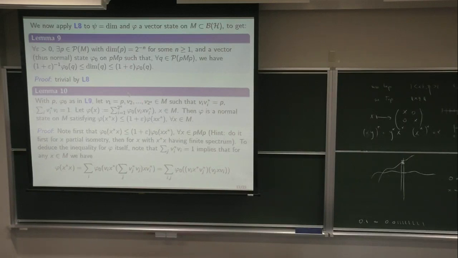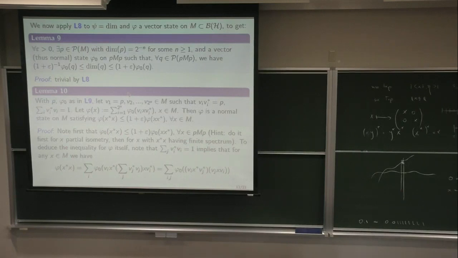You will have this trivially for x a partial isometry under P, because of that. Then, if x star x more generally has finite spectrum, it's just the sum of such things, which have mutually orthogonal supports, and you just use the additivity, not even complete additivity, so it's completely trivial also for phi 0.